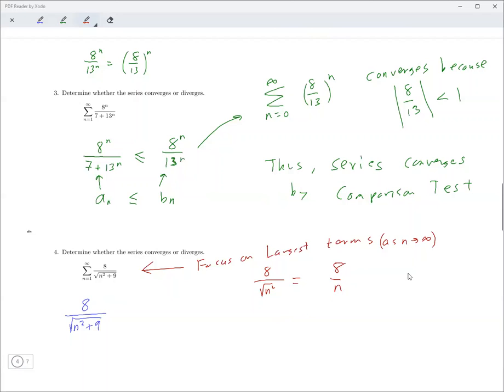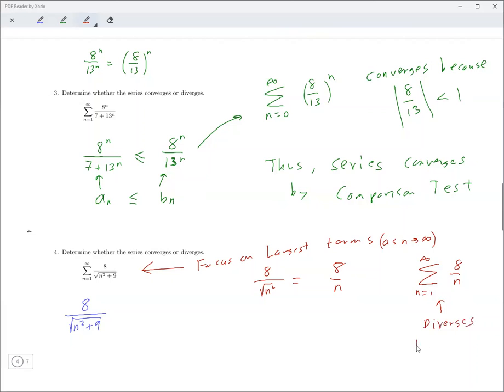So what do we know about this series here? Is this going to converge or diverge? It will diverge. Yes, it diverges. I had to look back at my notes.